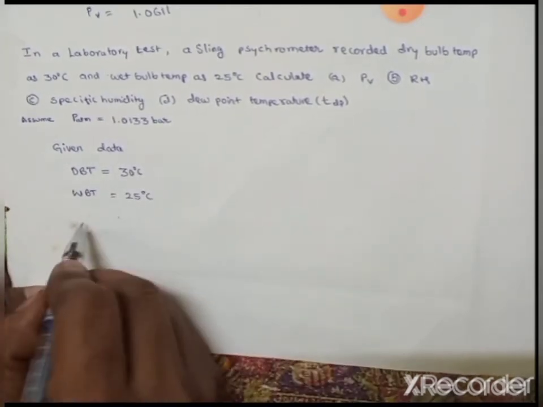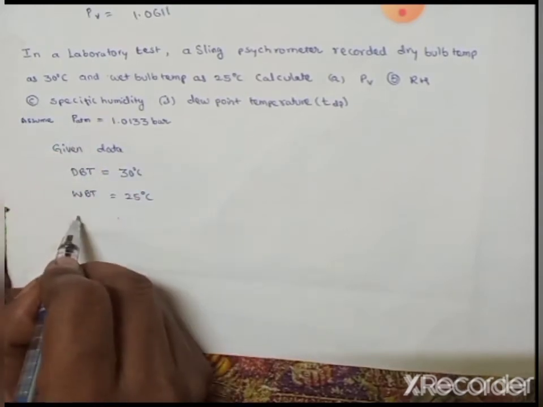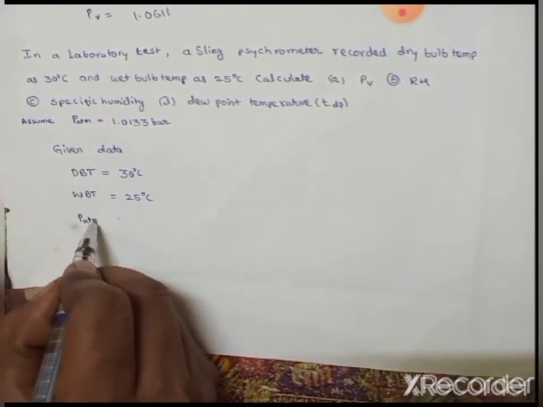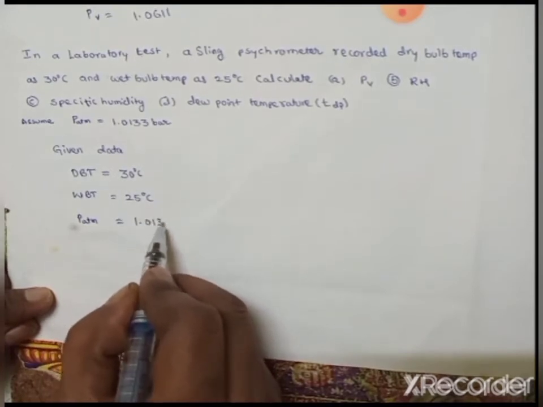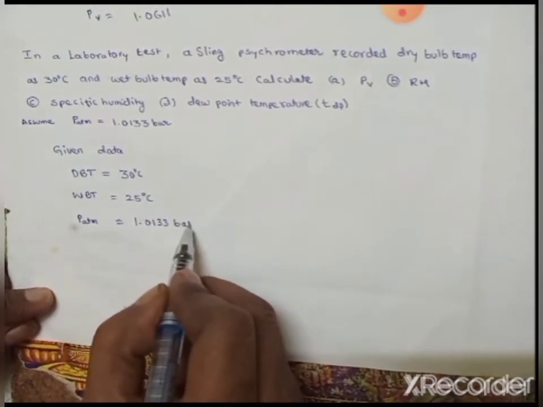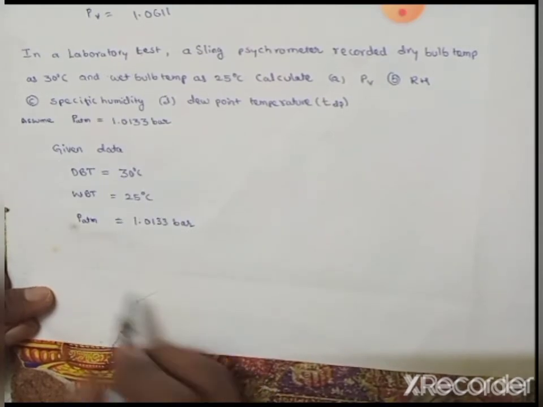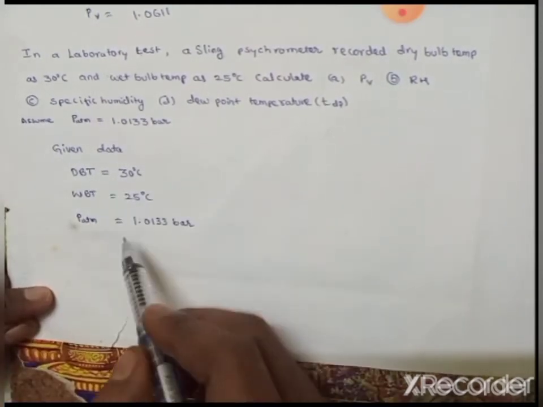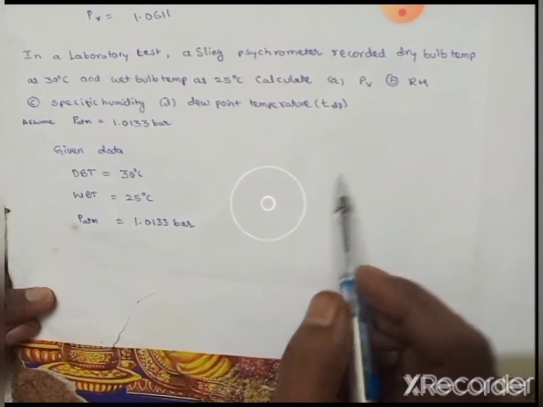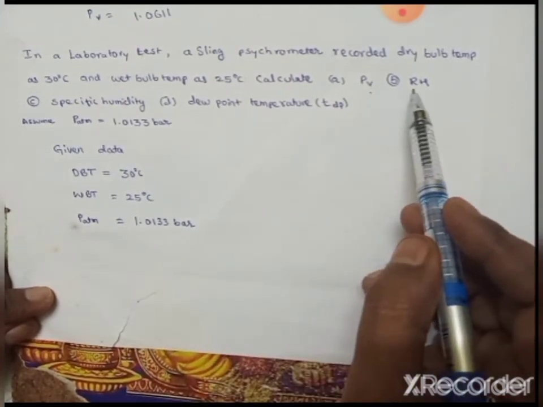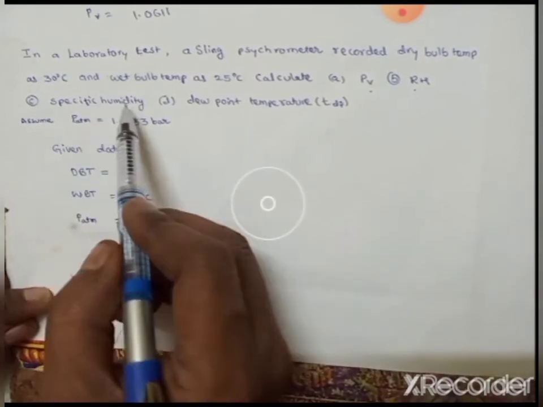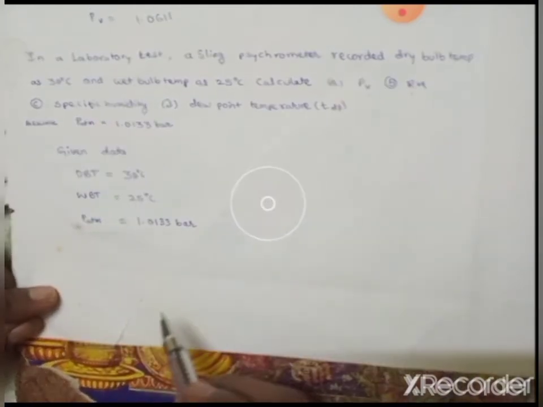Next is the atmospheric pressure, or total pressure, P, which is 1.0133 bar. So this is the given data. What we need to calculate: partial pressure of water vapor, relative humidity, specific humidity, and dew point temperature.